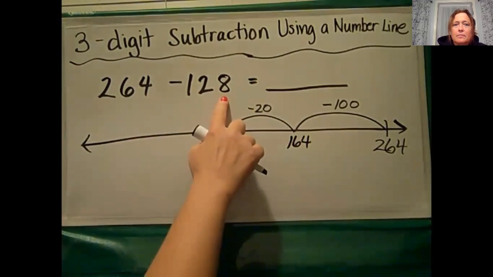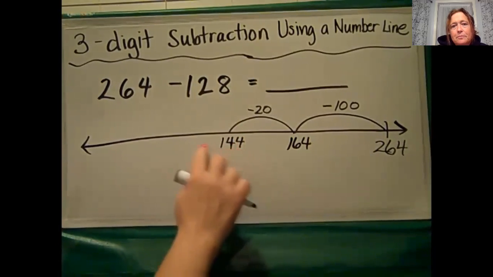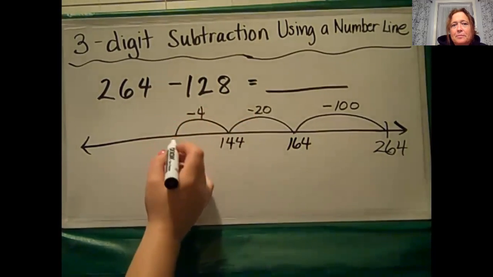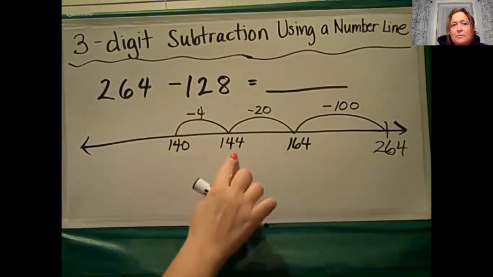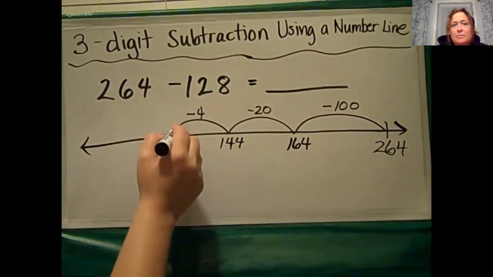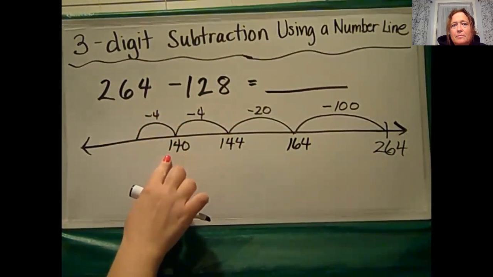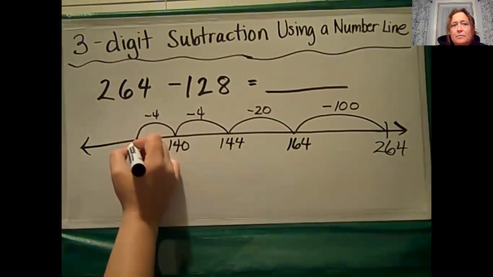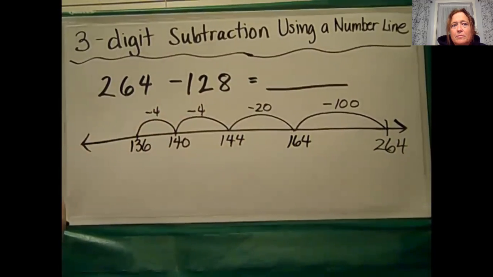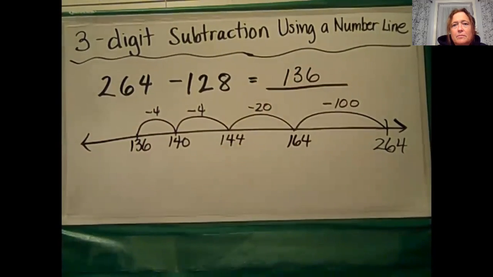Since I know that 8 is 4 plus 4, I'm going to hop 4 backwards to get to 140, because it's just easier to figure that out. But I have to hop another 4. And if I take another 4 away, I know I'll be left with 136. That's using our knowledge of doubles. So my missing addend is 136.